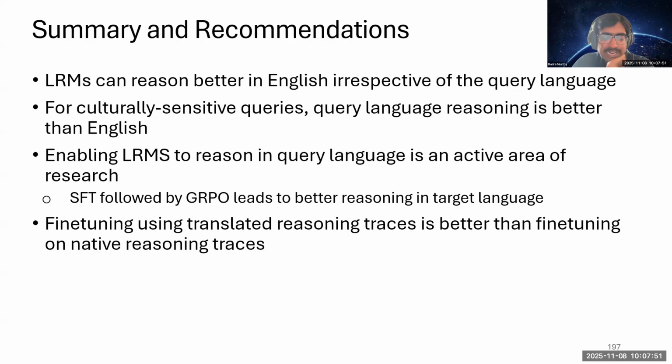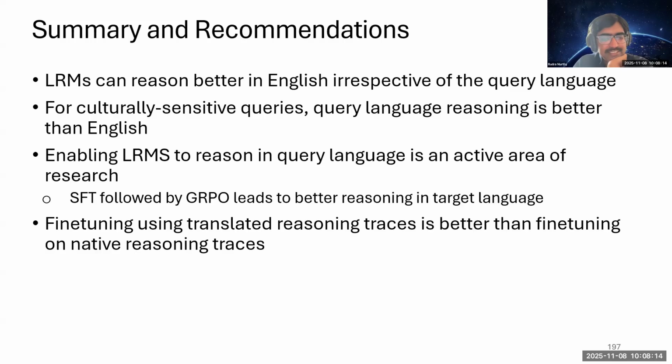One such guideline is to perform supervised fine tuning using a small number of high quality data in the target language, and then do GRPO on top of it. That leads to a better reasoning model, and also ensures that the reasoning trace language is the same as the query language.